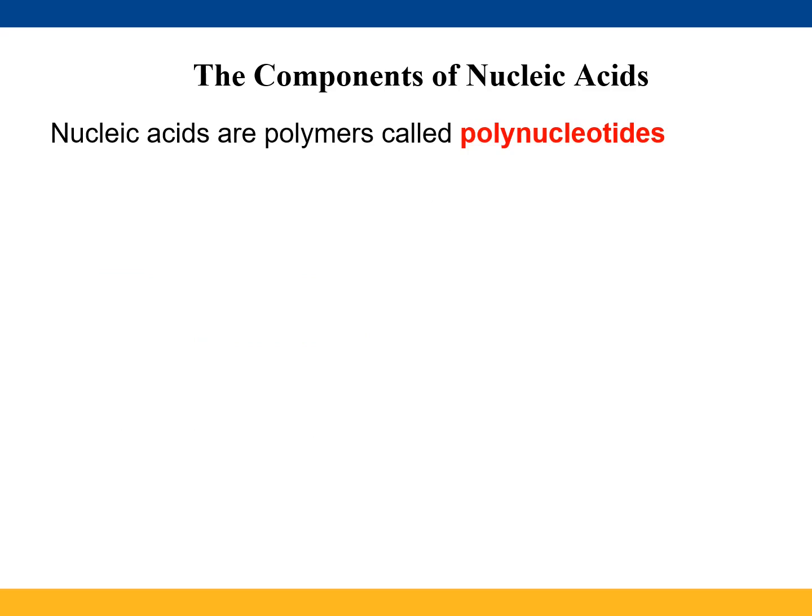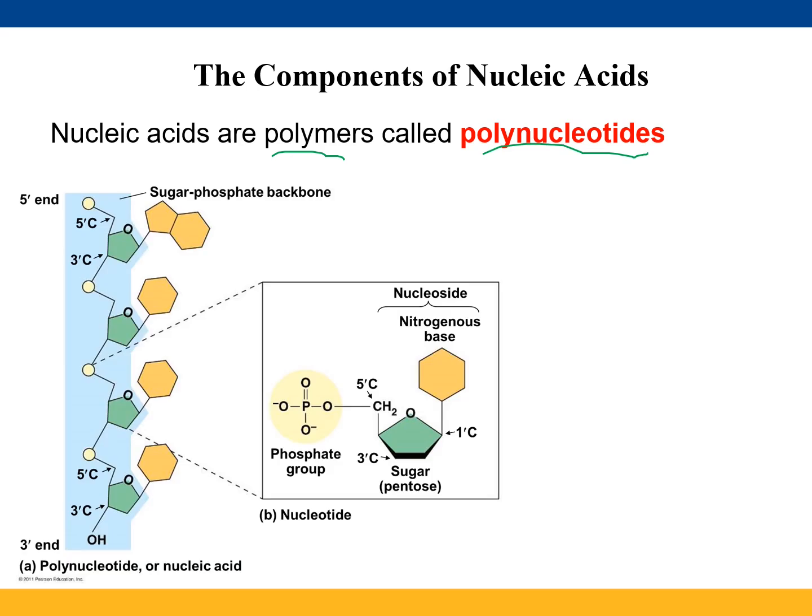So the polymers of the nucleic acids are polynucleotides, and the monomers will be just the nucleotides. So let me show you what a nucleotide is. Here you can see a polynucleotide, and here you can see at least 3 components.